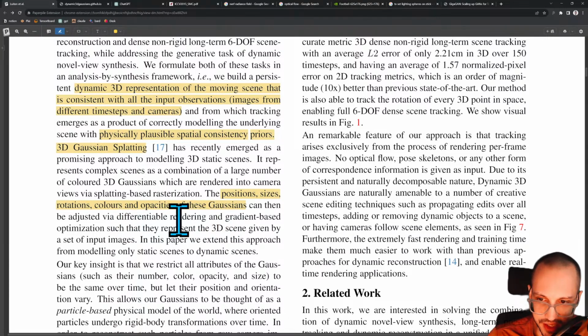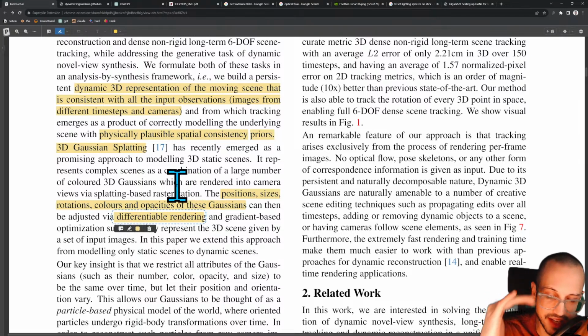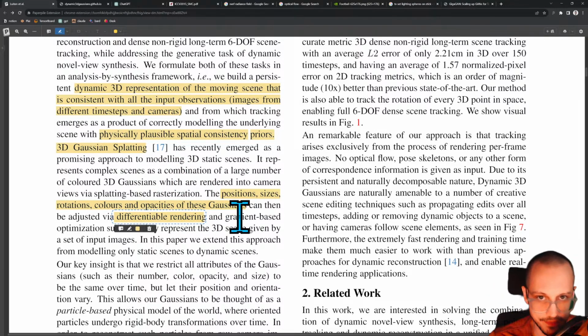Gradient-based differentiable rendering means you can take the chain rule and backpropagate through the rendering function, which means that you can eventually use these image reconstruction losses, and then gradient-based optimization, aka machine learning, multiple steps where you're using these gradients to improve the values of parameters, and the parameters that they're improving are these position, sizes, rotation, colors, and opacities, such that they represent the 3D scene given by a set of input images.